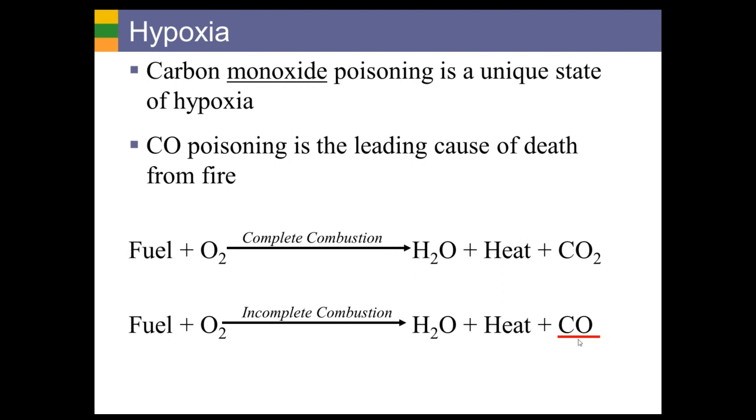Carbon monoxide, unlike carbon dioxide, binds to hemoglobin, and it binds to the same binding site as oxygen. And it binds at many, many orders of magnitude greater affinity than oxygen, like 50,000 times or some number similar to that.